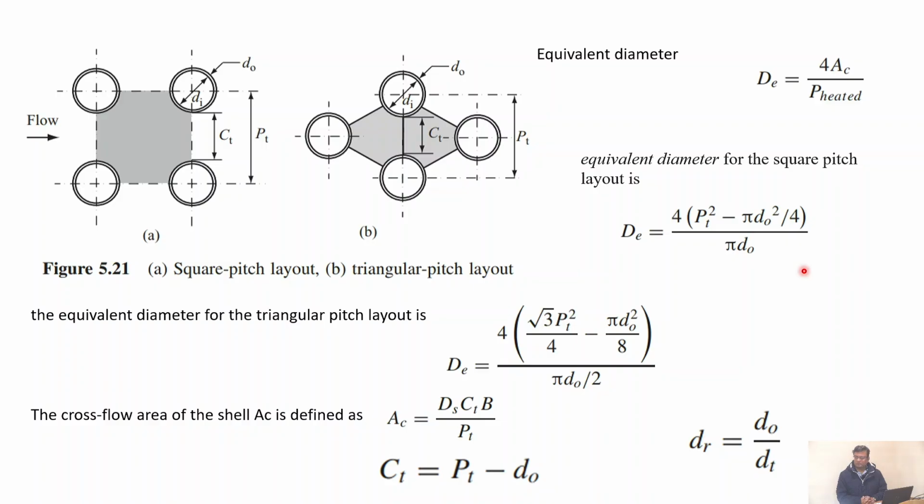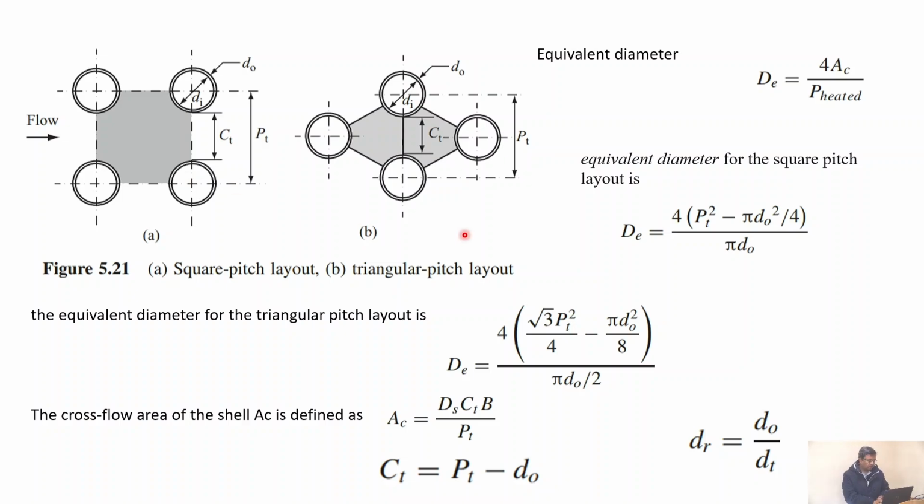Is it okay? So what is PT squared? PT is the tube pitch. So PT squared is this whole area, right? But you don't have the whole area because these two, bottom, these two, they need to be subtracted.